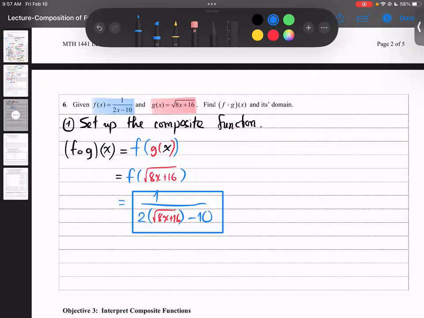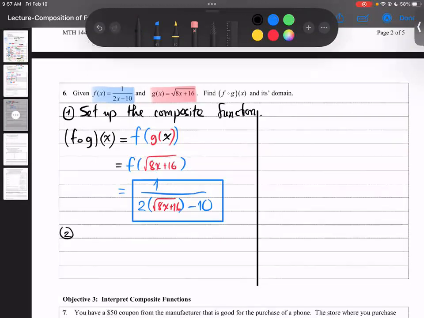What is the domain? Remember, find the domain. So step number 2, you find the domain.